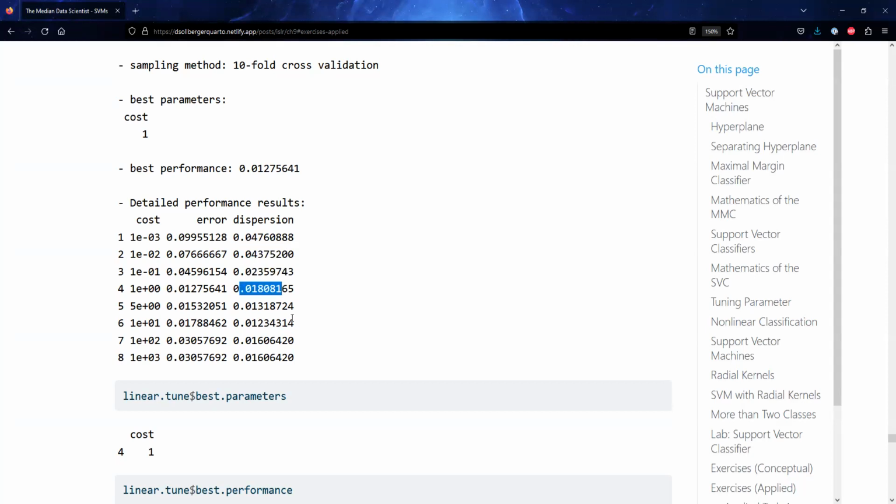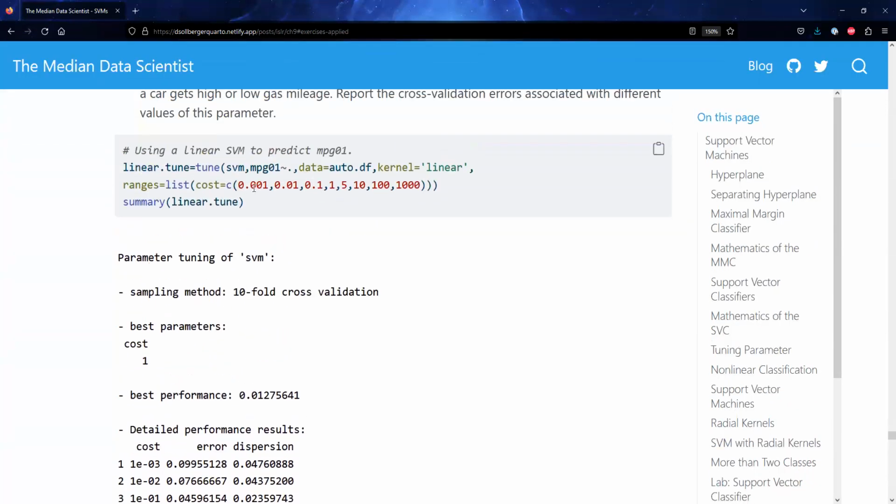So we look for the situation somewhere where the errors are low and the dispersions are low as well. This time around, out of the suggested cost values, the tuning does extract the best cost, I think, property.